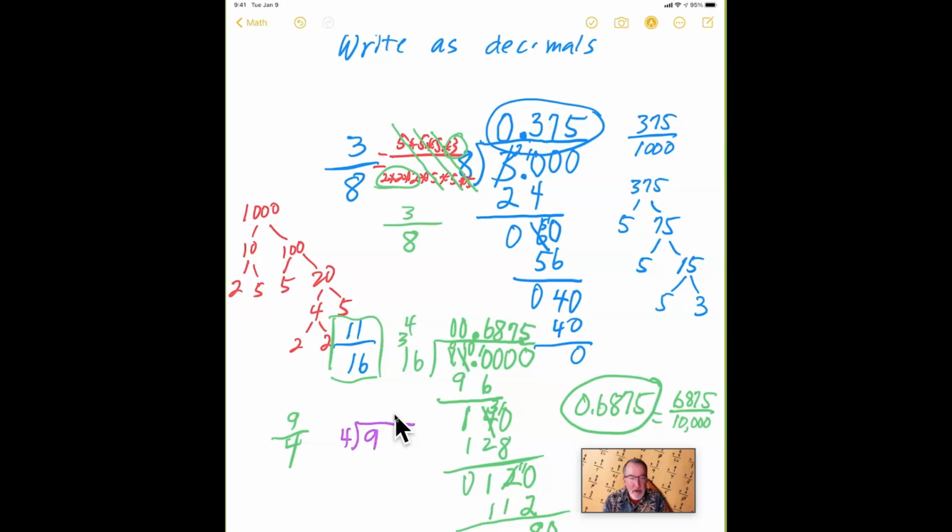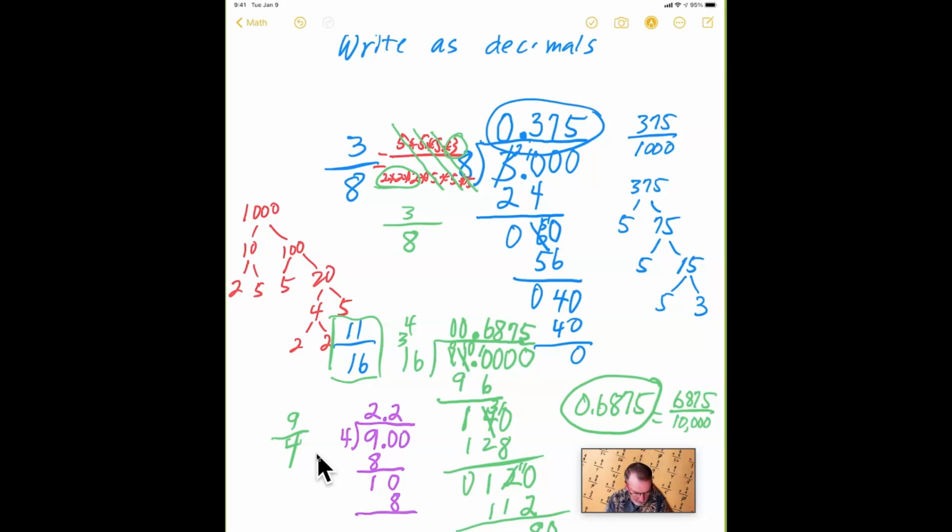So that's an improper fraction, so it will show slightly differently. I'm going to go ahead and put a decimal place here and some zeros. And then we're going to say how many times will 4 go into 9? Okay, this time it does go into 9 twice. 2 times 4 is 8. Subtract that from the 9 to get 1, and then bring down one of our added zeros. 4 goes into 10 how many times? Also twice. 2 times 4 is 8.